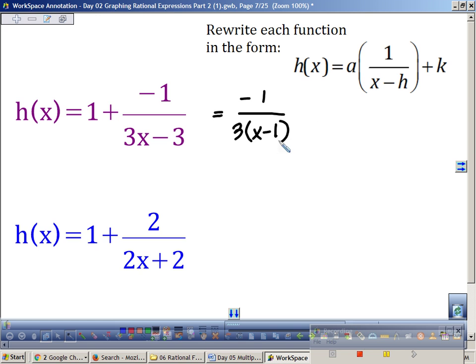And then the positive 1 goes behind. But I'm not done because that means that I've got a scale factor of that 3 needs to come out. But it's in the denominator. And the -1 needs to come out to remind me that this is a negative graph. And then I'm left with 1 over x minus 1 plus 1.